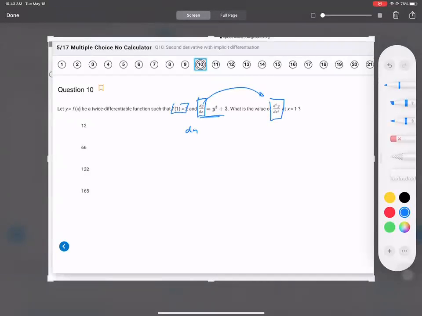If I take the derivative of y prime, that is y double prime, right? Now, when I take the derivative, we need to do it implicitly. We have to be careful about that y. So the derivative of dy over dx gives us d squared y dx squared.